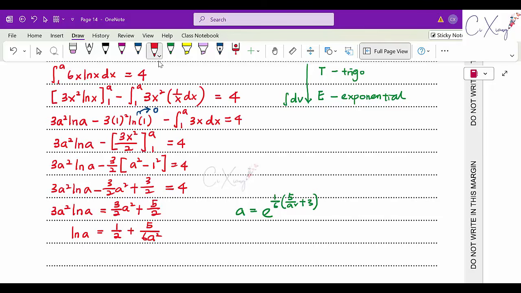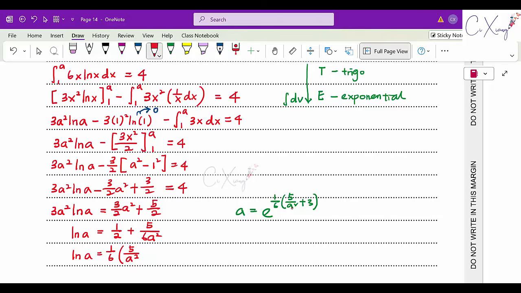Okay, and then after that, if I try to compare my answer with the final answer provided by the question, you can see that they actually have 1 over 6 outside the term. So maybe before I do anything, I try to factorize out the 1 over 6. Because I realize that if I factorize out the 1 over 6, I'll have exactly the same term here, 5 over a squared.